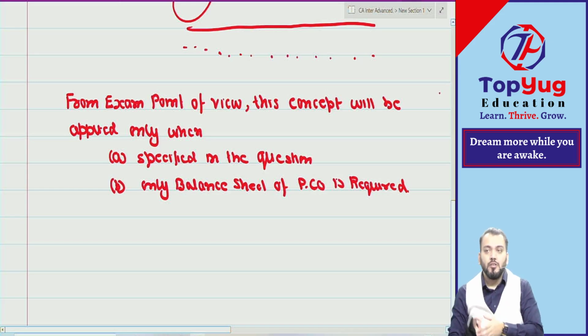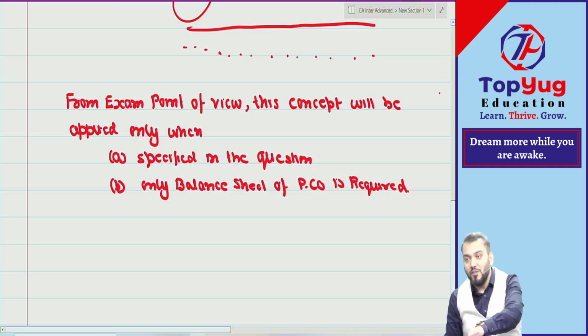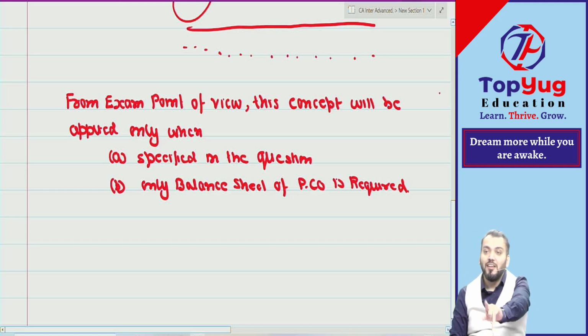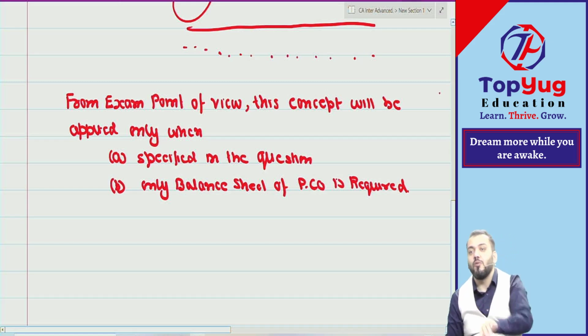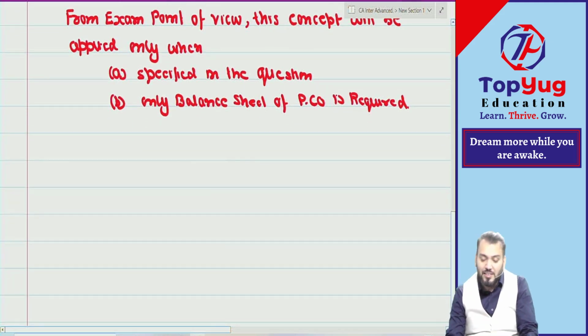Understood? So we'll follow concept number 4 only when they say the same books of account is followed, or they say only prepare balance sheet of purchasing company. It is an indication that you need to follow concept number 4. Correct?